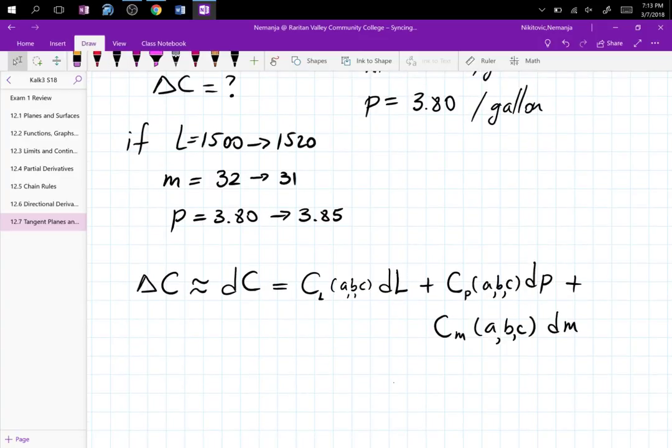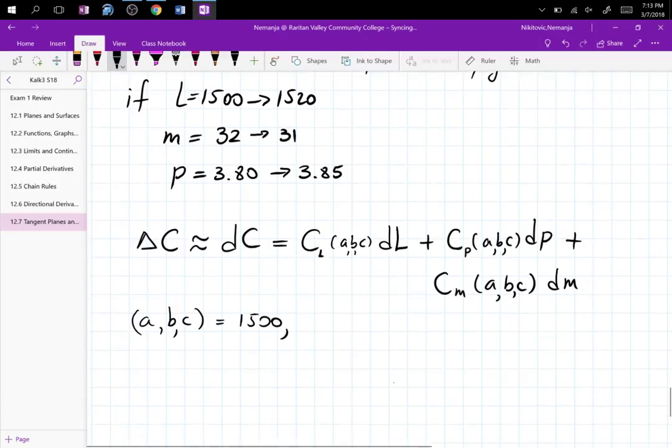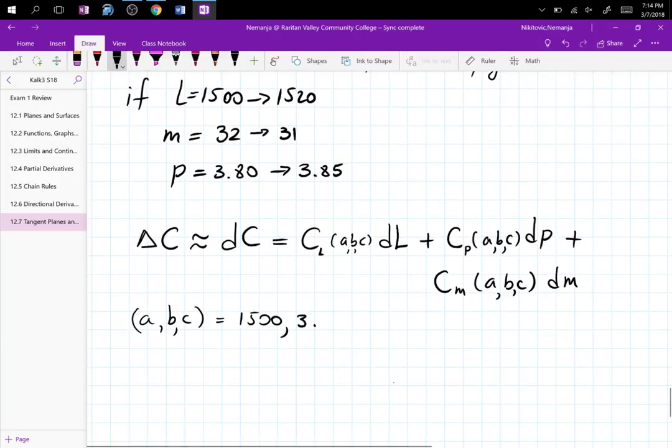So we created the formula for the approximation of the change, and now I need to compute all of the little pieces. So first off, I have my base point: L is 1500. Then we deal with the price, so P, that will be 3.80, and M is 32. So this is the base state.